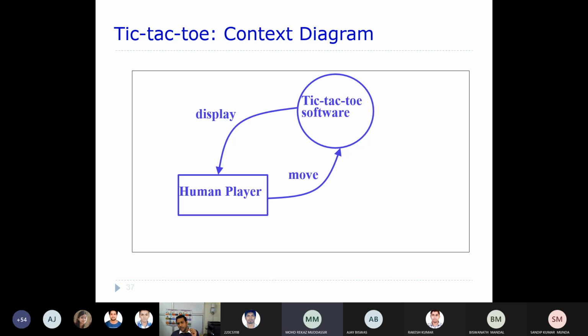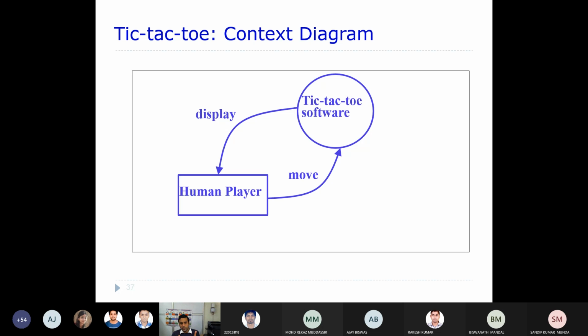External entity, because he is the one who is going to give his input. He is going to give some move, and the move will be carried out by this particular human player. After that, automatically the software, after you give the move, will give some display.